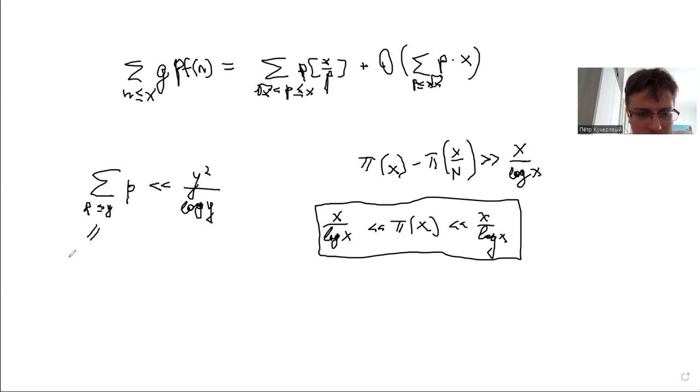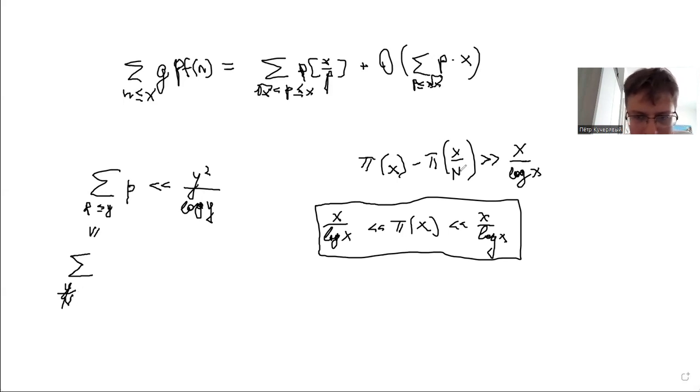And so I want to say that we can write this as less or equal than the sum of primes from y divided by n.